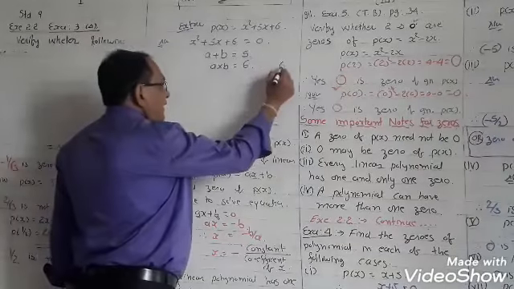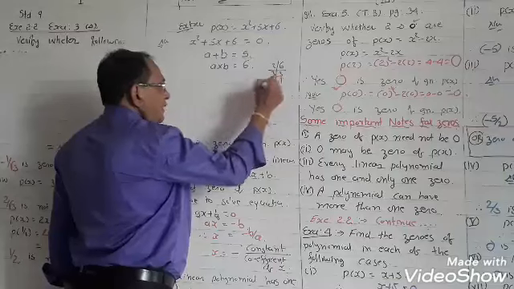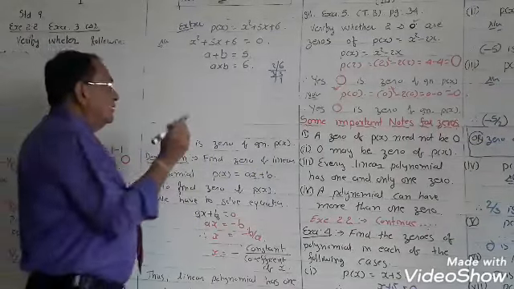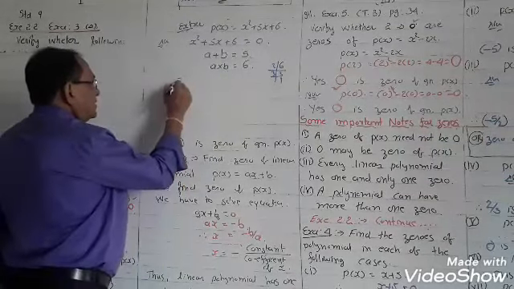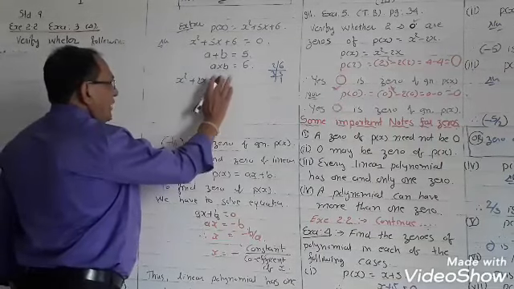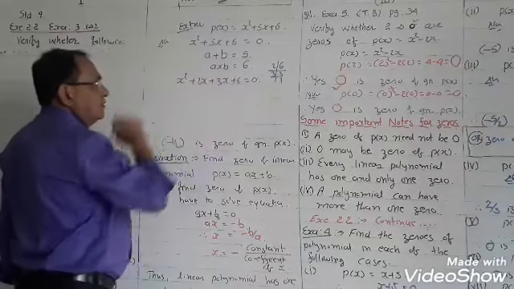So I will take factors like this: 6, 2 and 3, 3 and 1... 2 plus 3 is 5 and 2 threes are 6. So x square plus 2x plus 3x plus 6 is equal to 0.